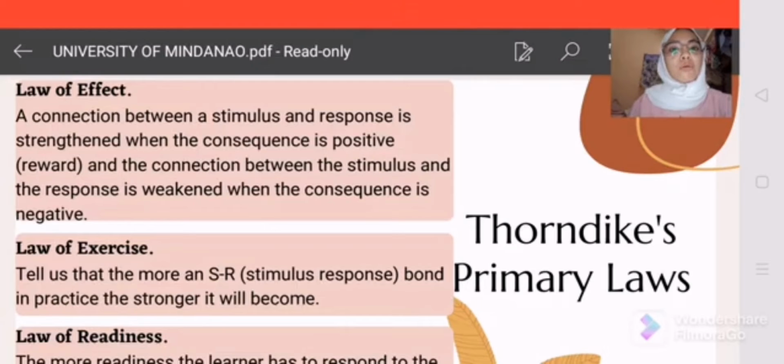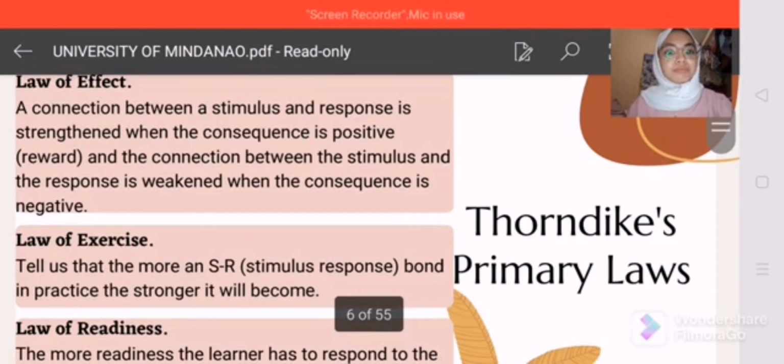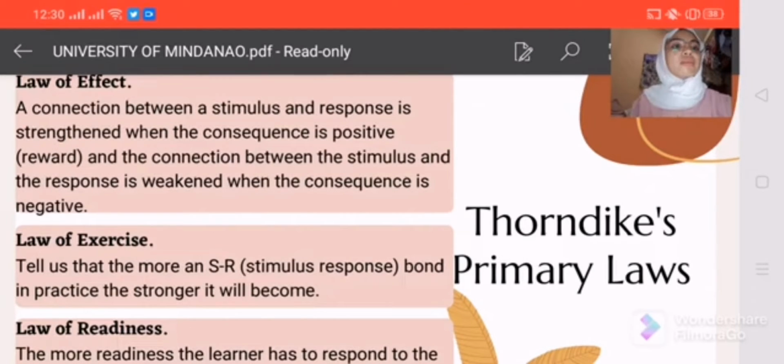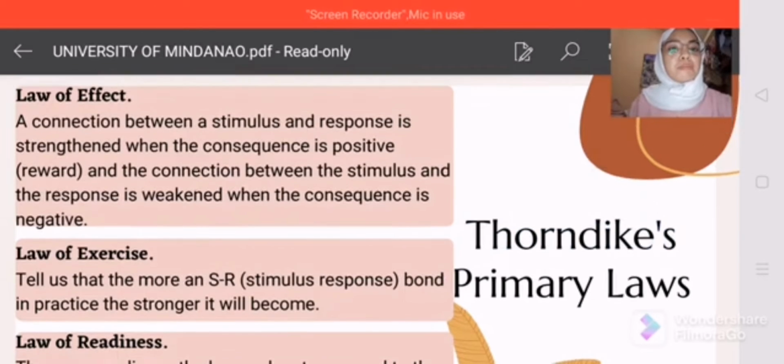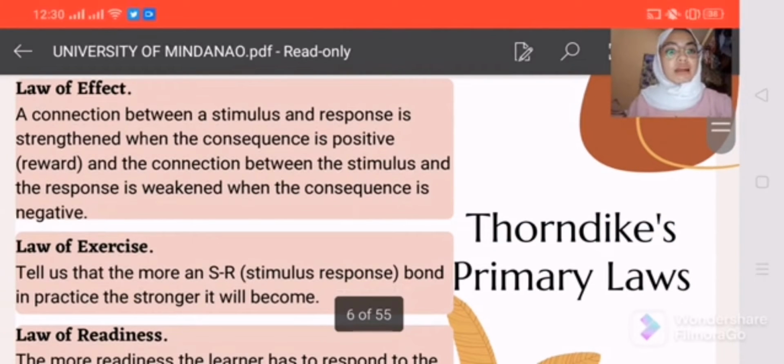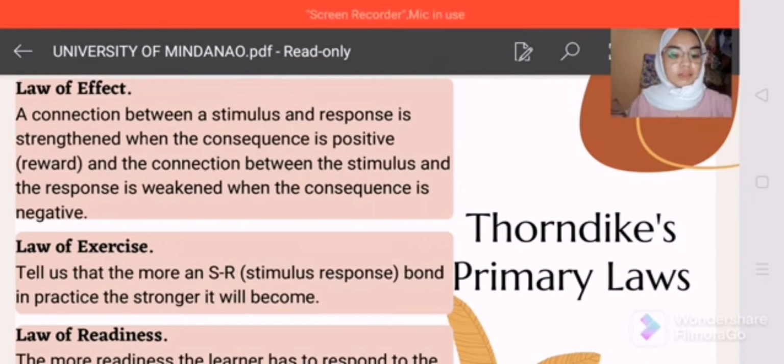So how will you stimulate the student para mag-participate siya sa klase? Papagalitan mo ba, or what will you do para mag-participate siya sa classroom?